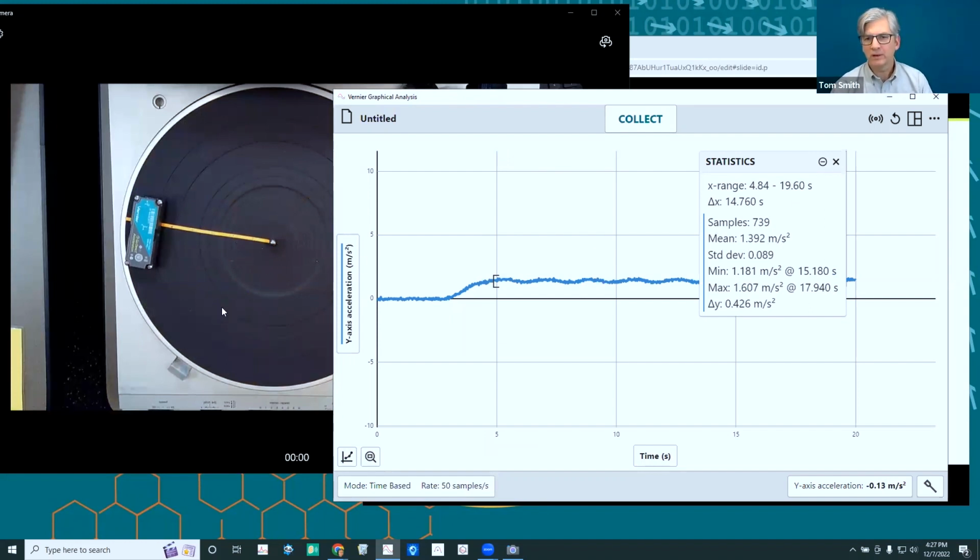And we can equate that with the fact that we're using 33 RPM to take a look at the relationship between the radius that the sensor's at, and confirm that whole relationship between centripetal acceleration and velocity and radius.